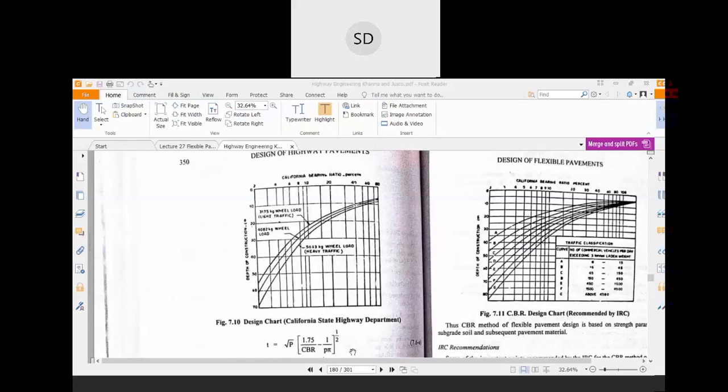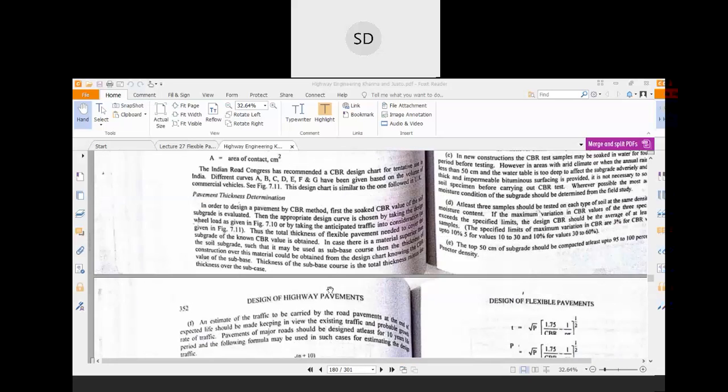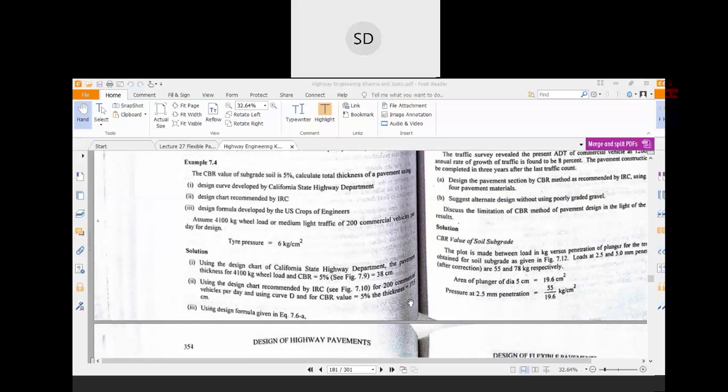By using this chart you can easily find the total thickness of the pavement. See, it is written as 37.5 centimeter or nearly 38 centimeter.